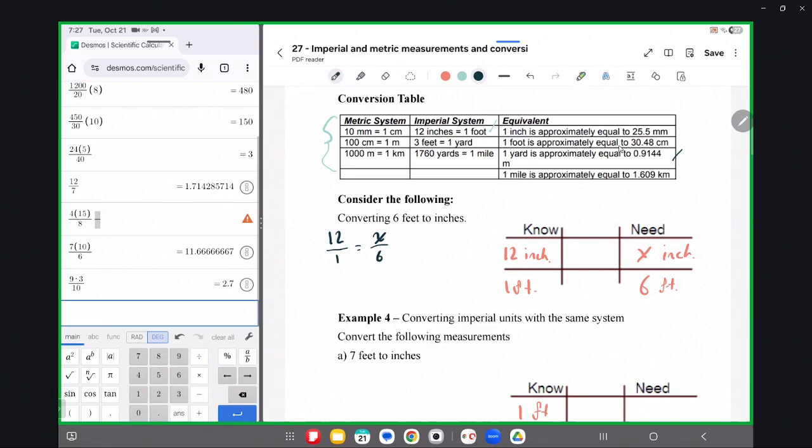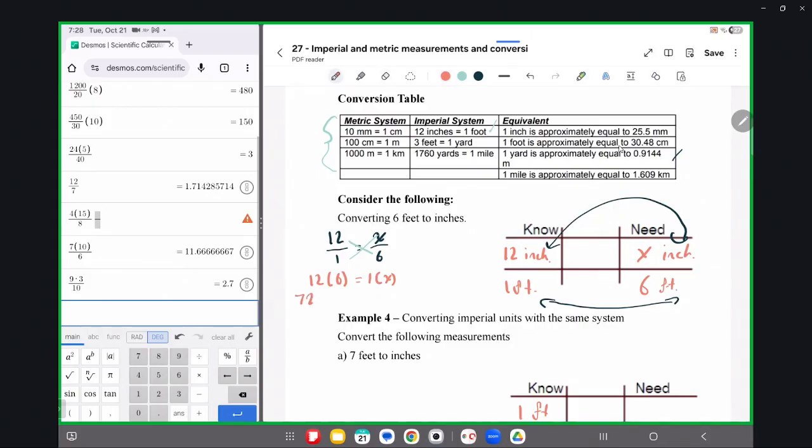That's it. The key to making these things work, make sure that your measurements line up correctly. So they both say feet on the bottom or both say inches on the bottom. And we just take our values. Okay. Solving this equation, we've solved this one already. We use the means and the extremes. So we're going to end up with 12 times 6 is equal to 1 times x. 12 times 6 is 72.